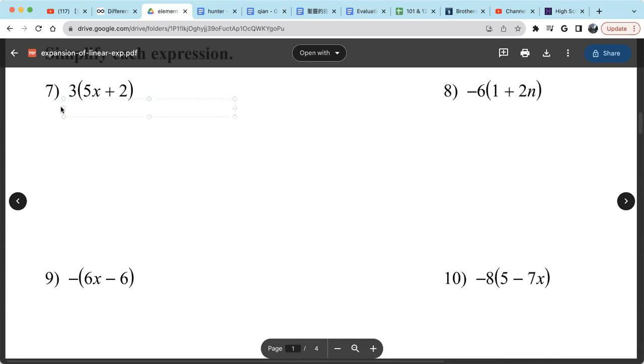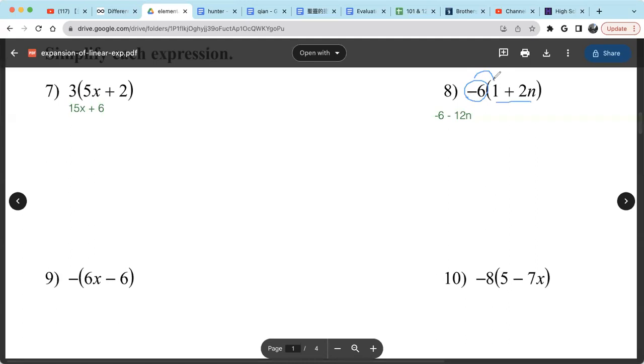So for 7, we get 15x plus 6. And for 8, I get negative 6 minus 12n. Let me explain a little bit. I have negative 6 as one factor, and 1 plus 2n as another factor. So I need to distribute.